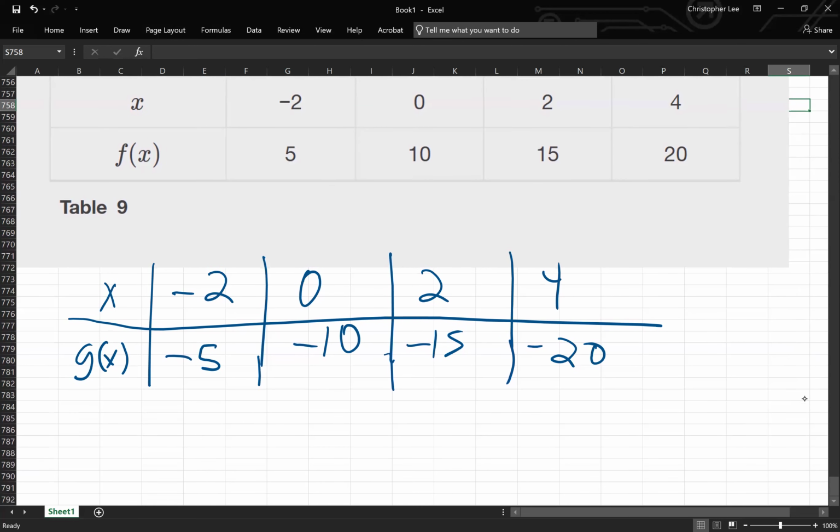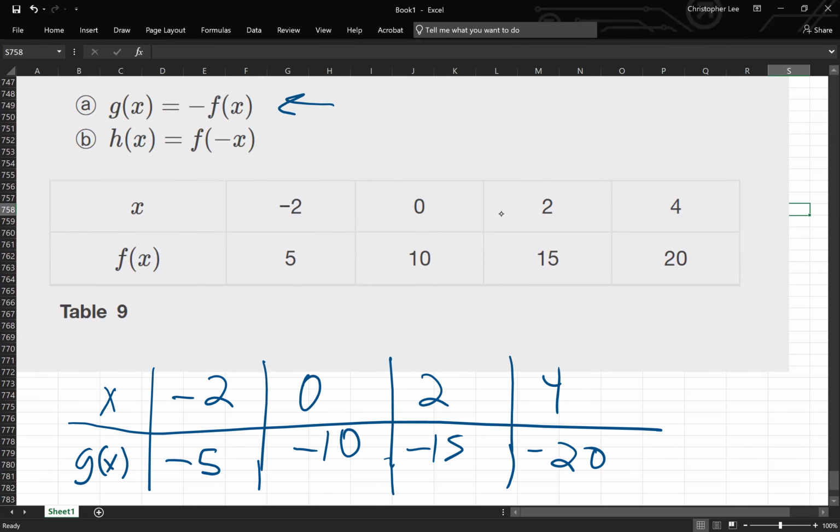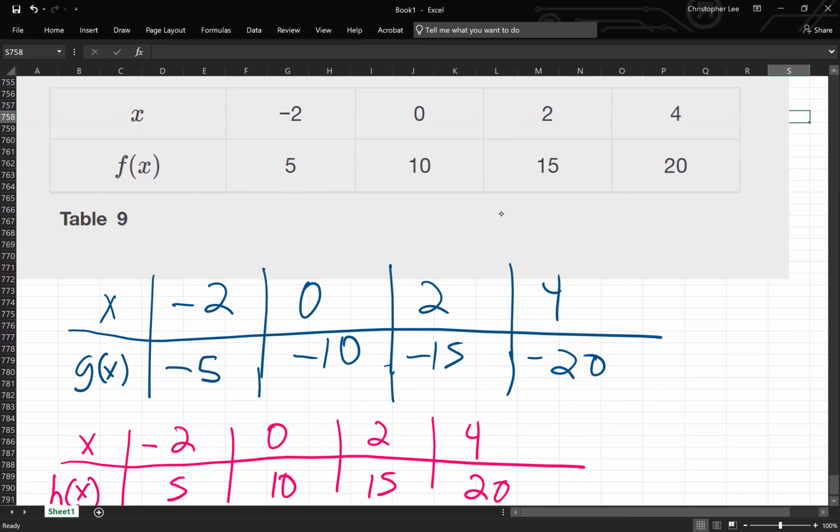All right, let's check out the h of x real quick. Again, I'm just copying down what I have real quick. So I have -2, 0, 2, 4. This time I want the h of x. I have 5, 10, 15, 20. Let me scroll up real quick. For the h of x, right? I'm looking right here. What's changing, the x or the y? The x, right? So it's going to be positive, negative, negative, negative.